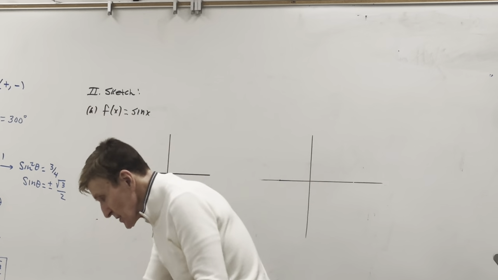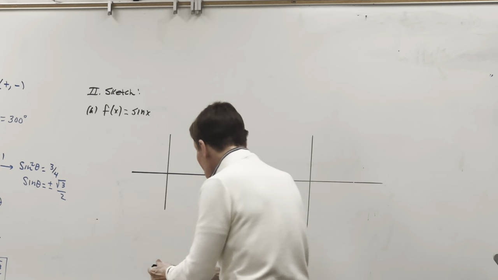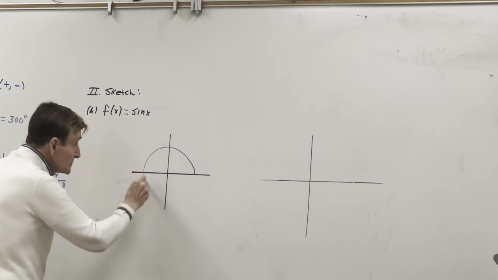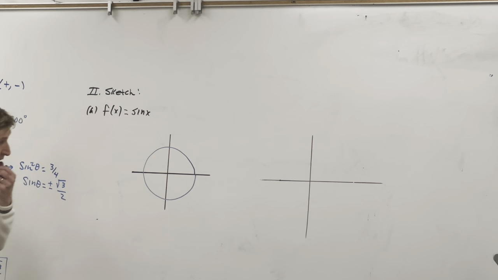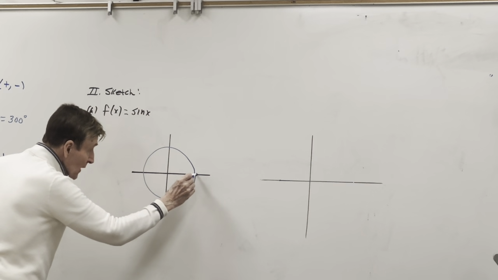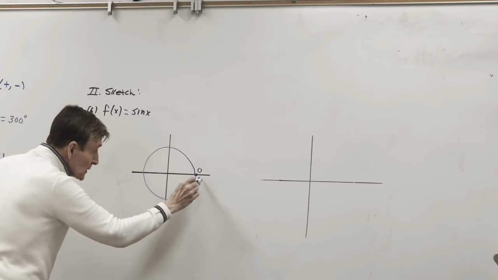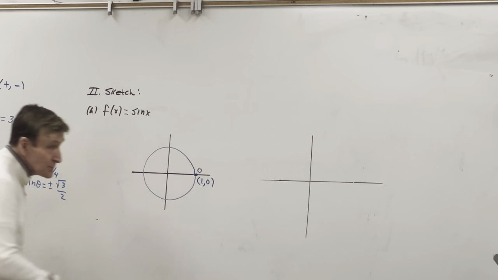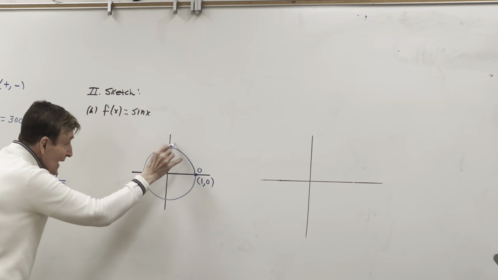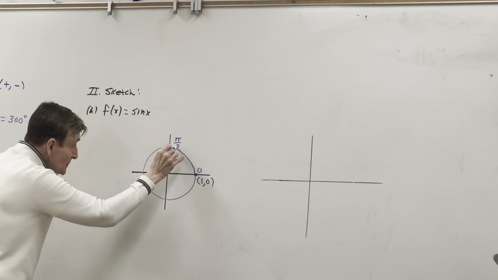Guys, let's go back to the unit circle. Quick reflection. Let's say it looks something like this. Let me point out a few things we know about this unit circle at this point. This represents 0 degrees, or 0 radians, and the ordered pair is 1, 0. This point represents 90 degrees, I would prefer pi over 2.